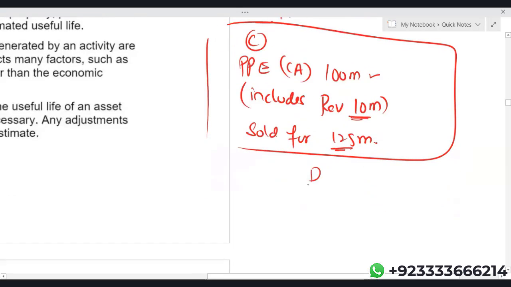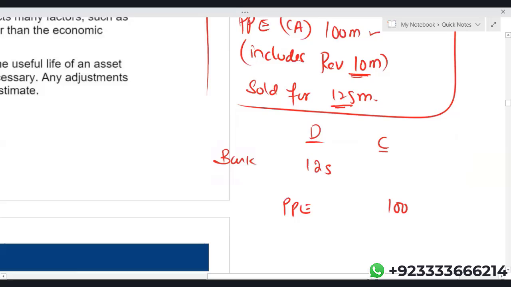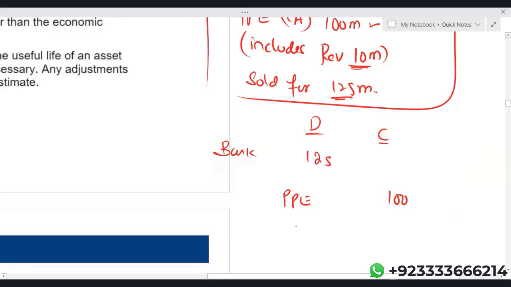Now, let's say cash at bank is debited by 125. Property, plant and equipment will be credited by 100 million. Gain on disposal in profit and loss, that is 25.